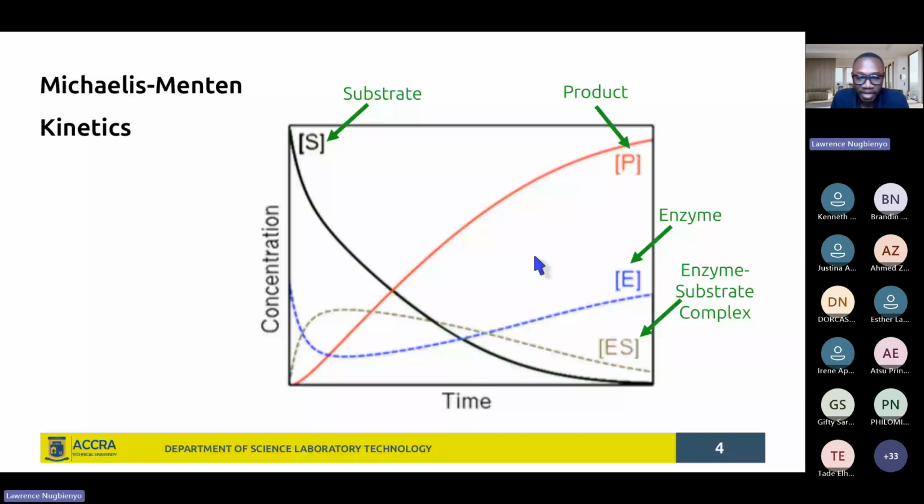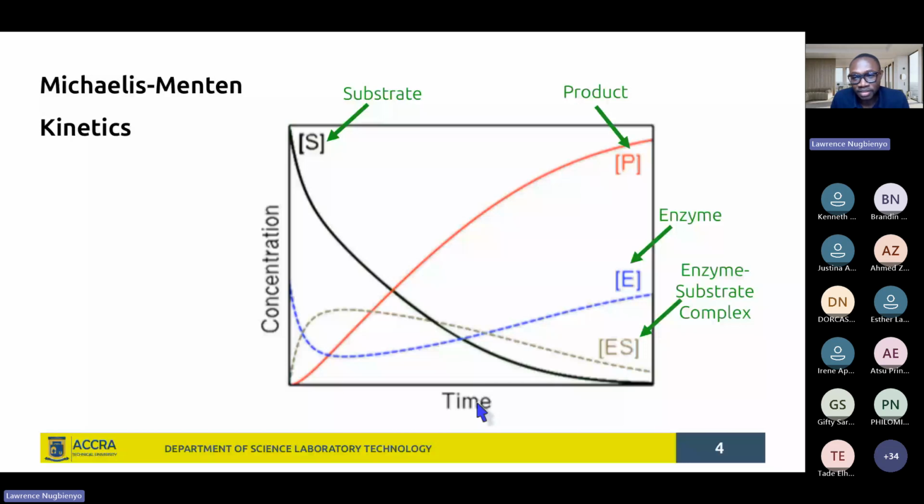So you take a look at these enzyme kinetic studies, which is represented on this graph here. We have on the vertical axis substrate concentration, and on the horizontal axis we have time, so reaction time, the time over which the reaction was occurring.